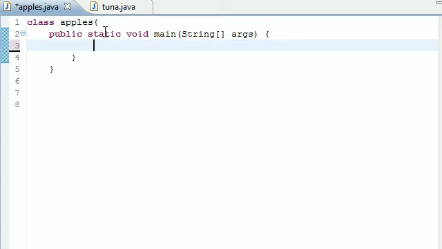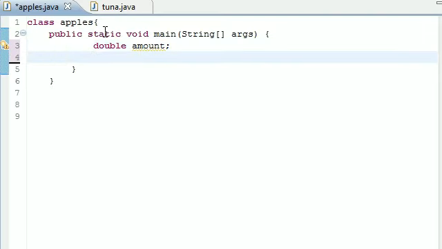So we need three variables: double amount, and we don't know what this is yet, so we're just going to leave it set to nothing. Double principal, and we're using double because we want to use decimal points. We can't use int because these aren't whole numbers.